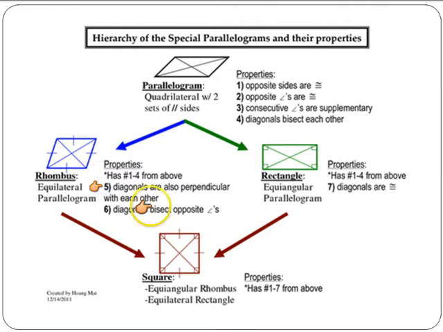What makes it different is that the diagonals are perpendicular to one another, so they're going to form a right angle in there. Right angle, drawing that in. And then the diagonals bisect the opposite angles.